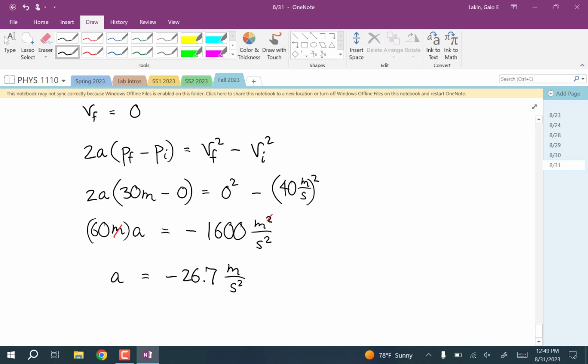So the units worked out. Those are the SI units for acceleration. And our answer is a really big magnitude of acceleration. Does it make physical sense that we got a negative acceleration? Well, what's the sign of the velocity through this whole motion until it stops?